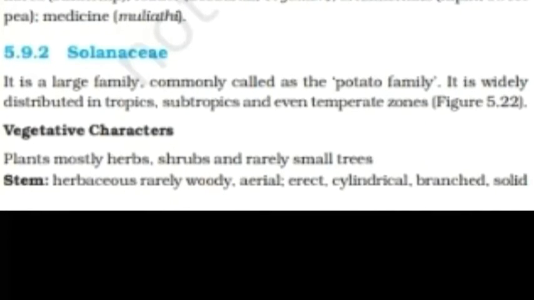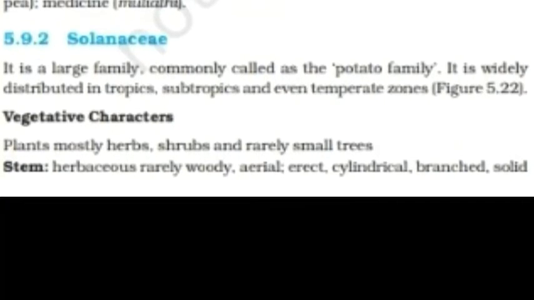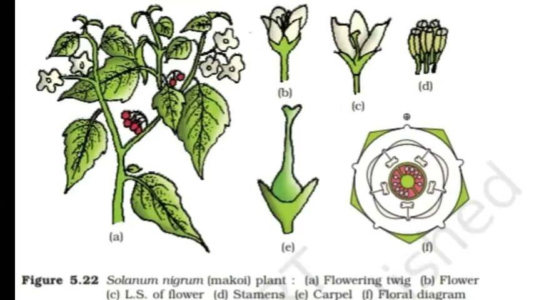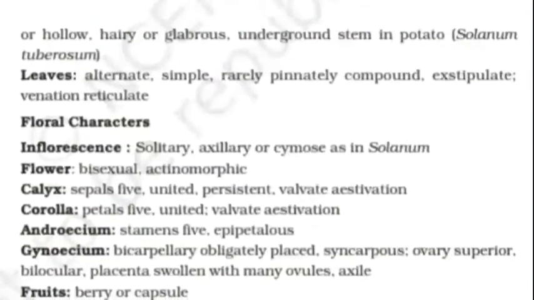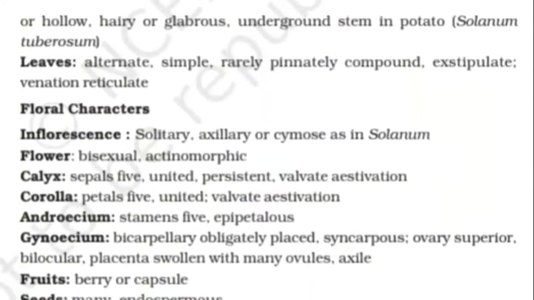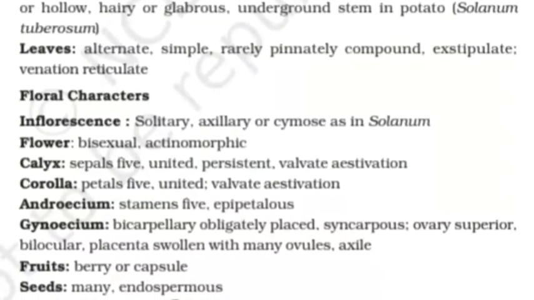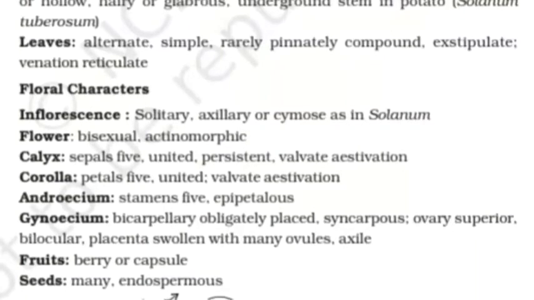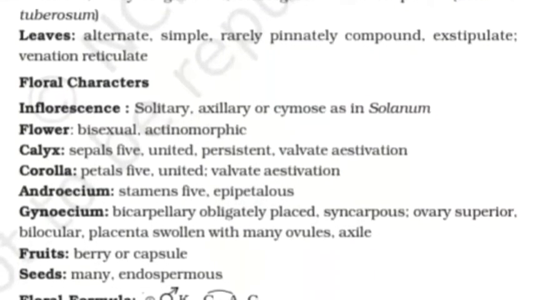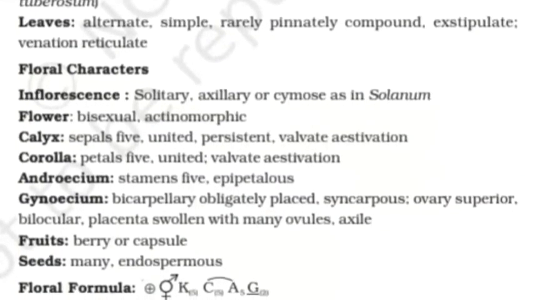Stems herbaceous, rarely woody, aerial, erect, cylindrical, branched, solid or hollow, hairy or glabrous; underground stem in potato, Solanum tuberosum. Leaves alternate, simple, rarely pinnately compound, exstipulate, venation reticulate.